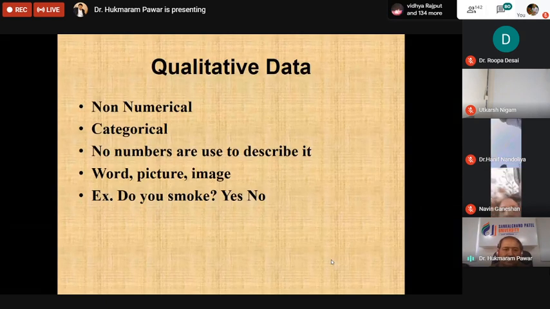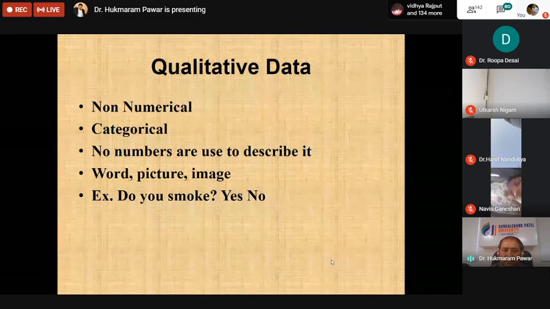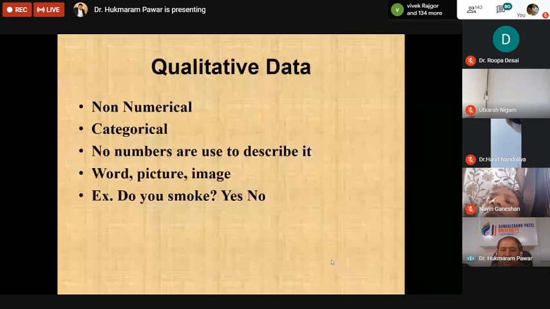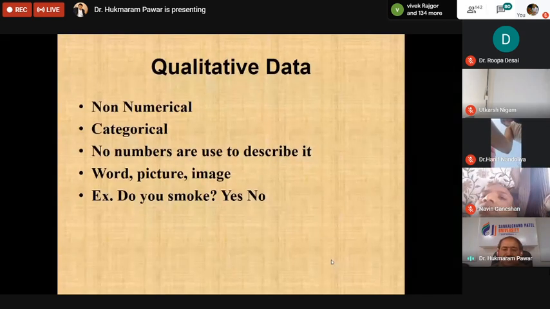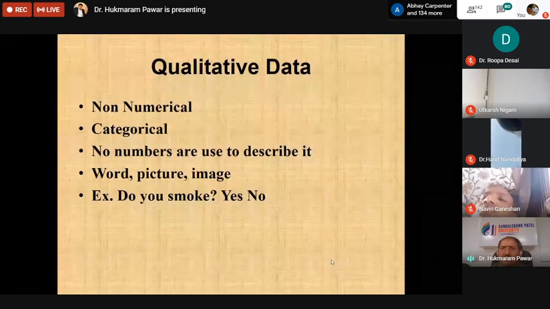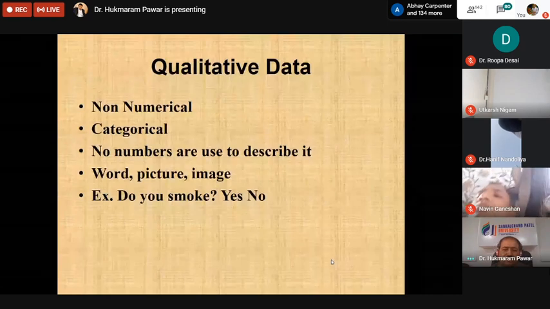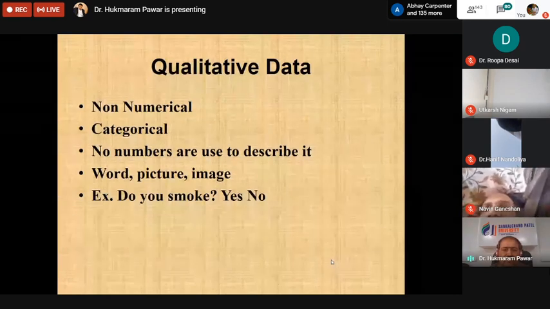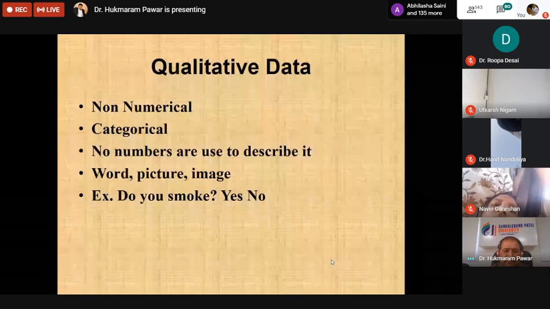That is called qualitative data. It is non-numerical data, also known as categorical data. No numbers are used to describe it. Words, pictures, images, honesty, punctuality, these are all called qualitative data.